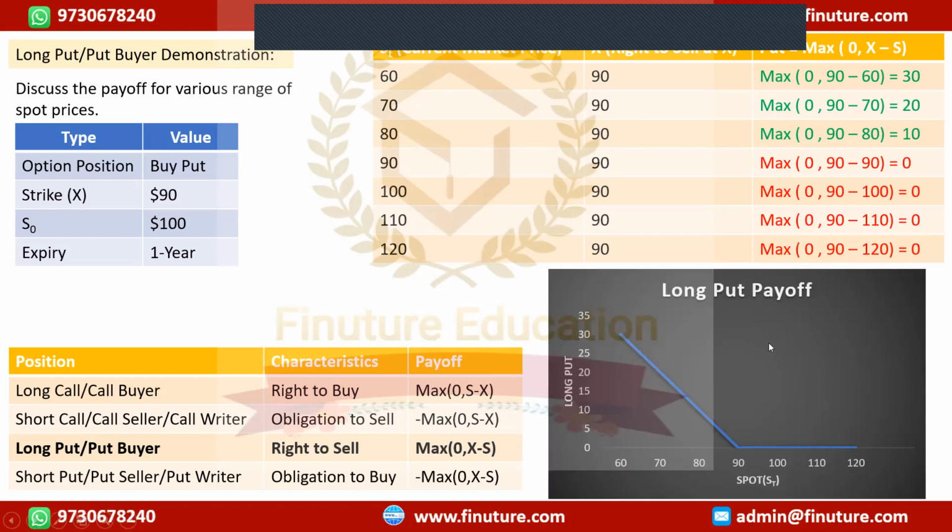So for a long put party, till the time your stock price is above strike price, you don't get any gain in the option contract. But when it falls below your strike price, then you have the right to sell at this price. So eventually you end up gaining a linear gain as and when your stock price falls.